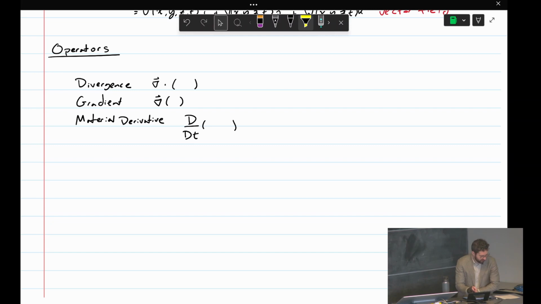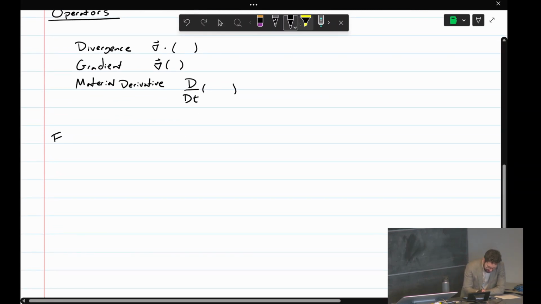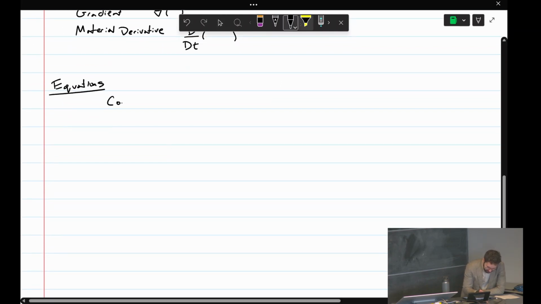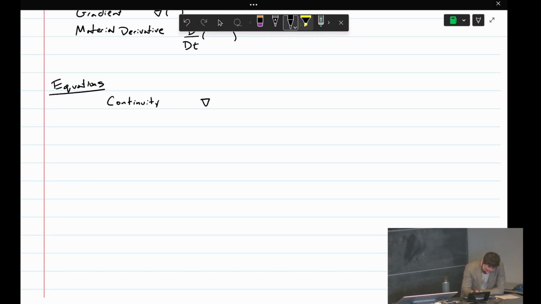Okay, good. Let's go to the equations now. So we talked about continuity, which says that the divergence of the velocity field equals 0. And that is conservation of mass.